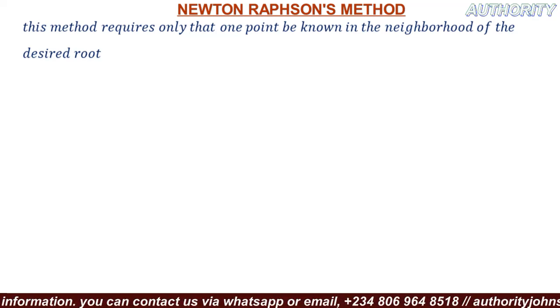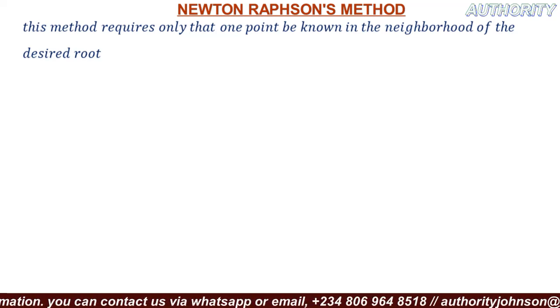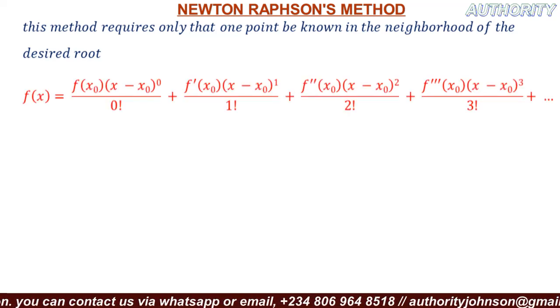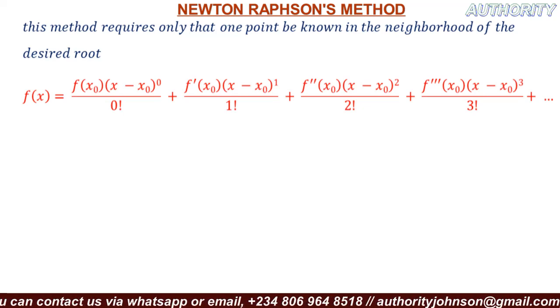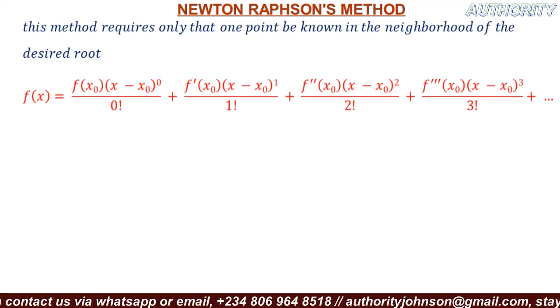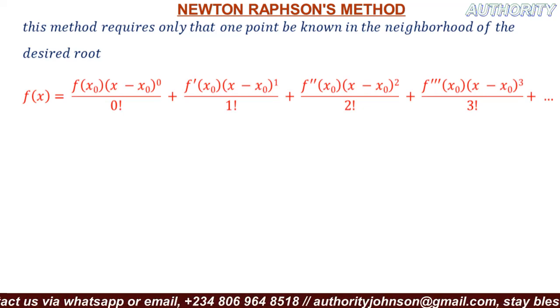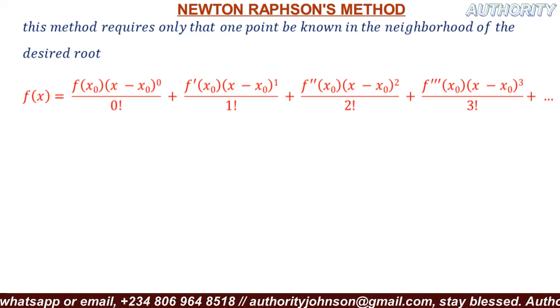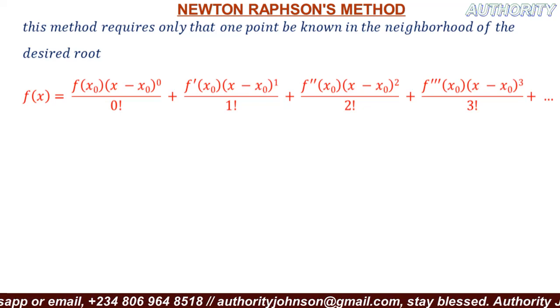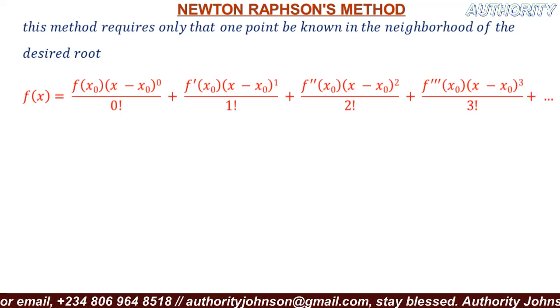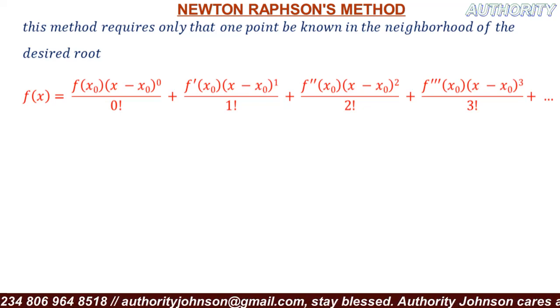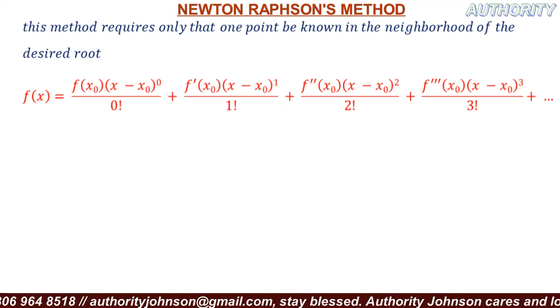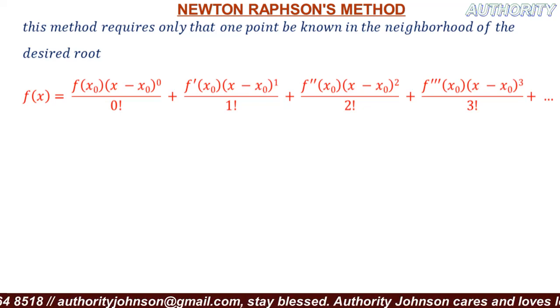Now let's have the Taylor series expansion. This is it. We are trying to find the value of x, but we have a point close to x, which is x naught. When you subtract x naught from the x we are looking for, the difference is very small.